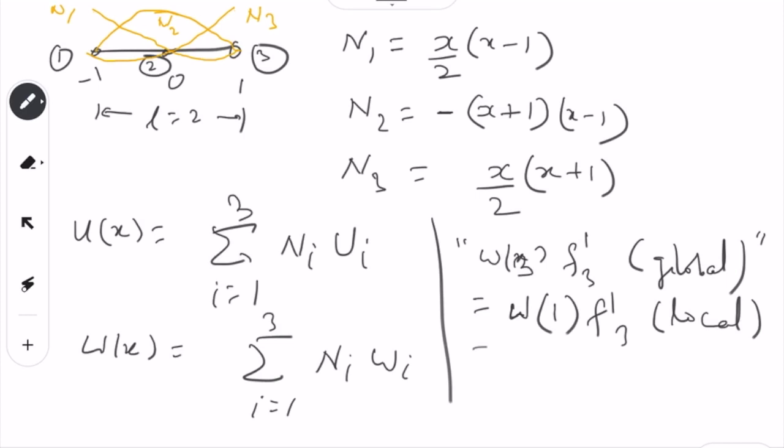And this is equal to, W1 will be, if you put it here, nothing but N. What do you get? W at x equal to 1 is simply equal to W3.